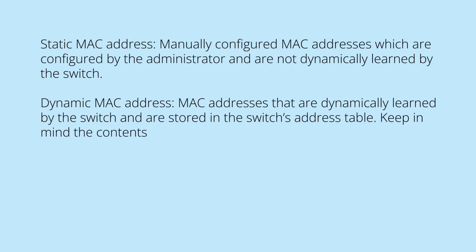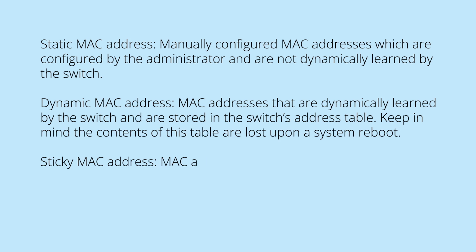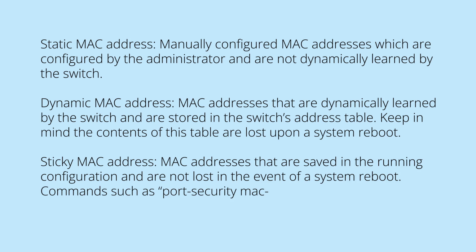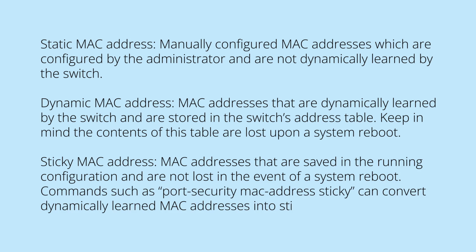Keep in mind the contents of this table are lost upon a system reboot. And sticky MAC addresses, which are saved in the running configuration and are not lost in the event of a system reboot. Commands such as port-security mac-address sticky can convert dynamically learned MAC addresses into sticky MAC addresses.